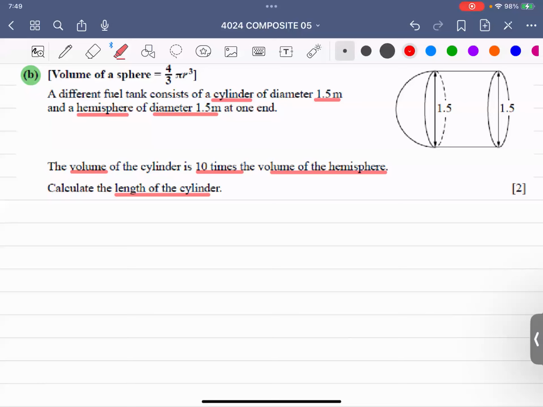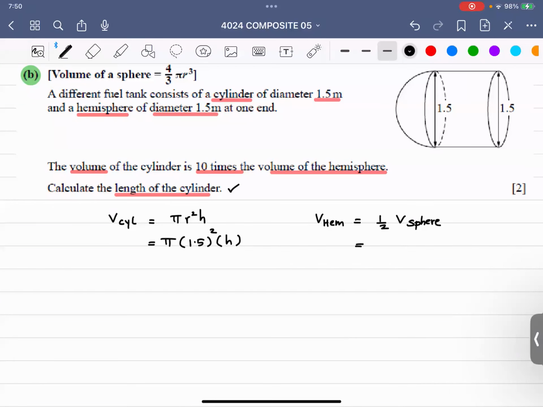Let me write, first of all, for the cylinder, volume of cylinder is pi r square h. This is pi, this is 1.5 square, and h is what I'm looking for, the length of the cylinder. Volume of the hemisphere is half that of a sphere.